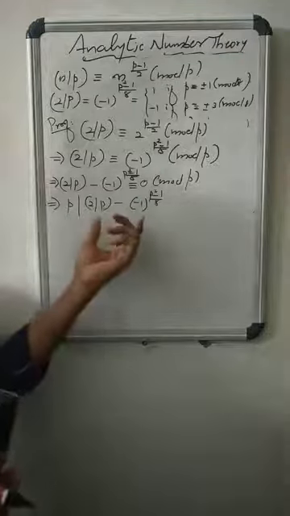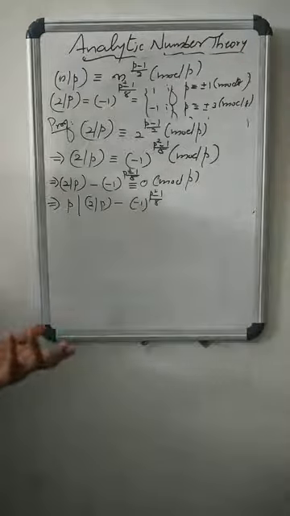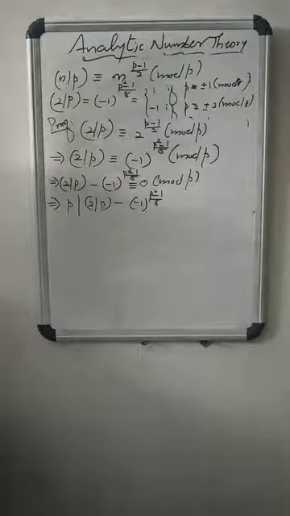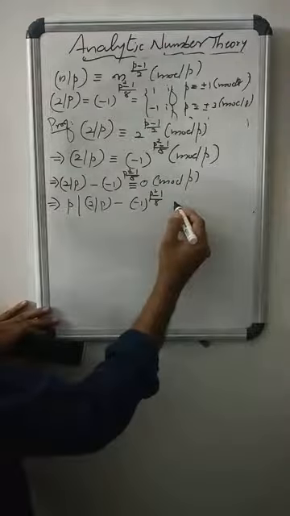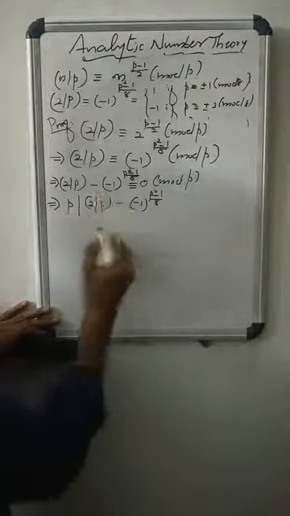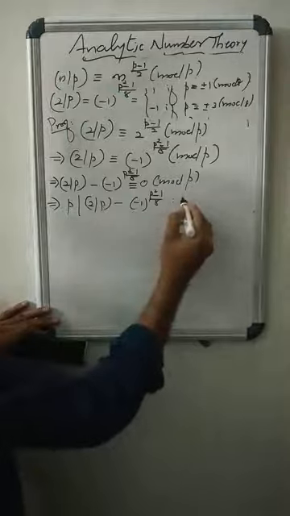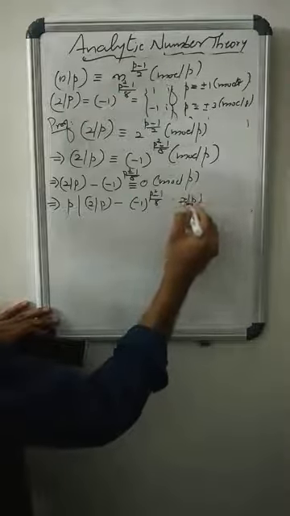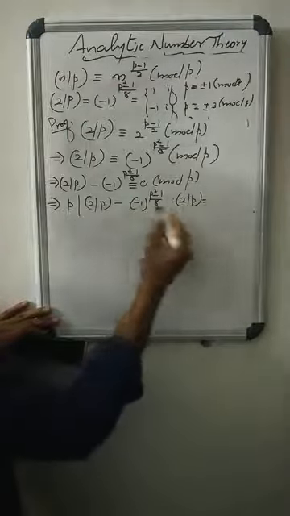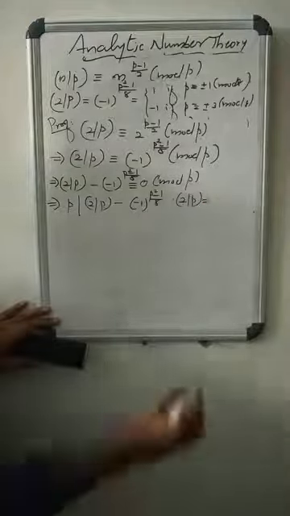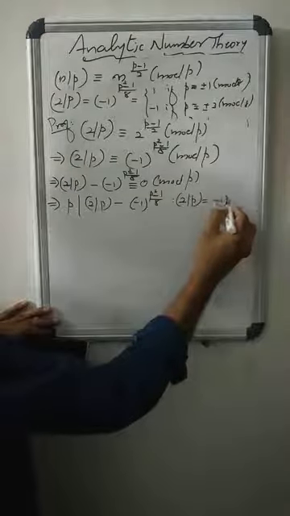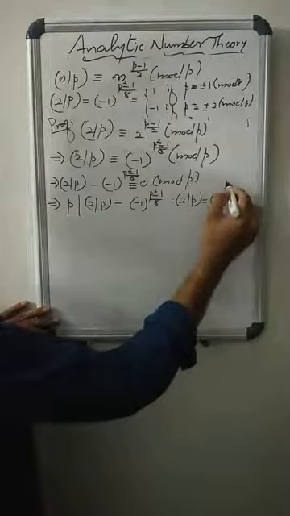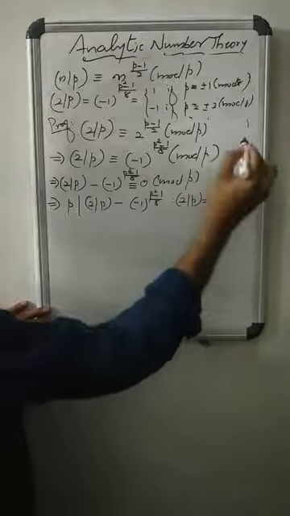Again, this difference should be either 0, 2 or -2. Since p is an odd prime, there is only one possibility: the difference should be 0. So it is (2/p) = (-1)^((p^2-1)/8).